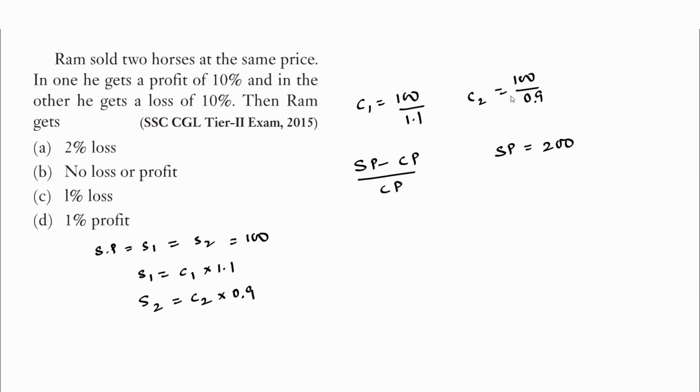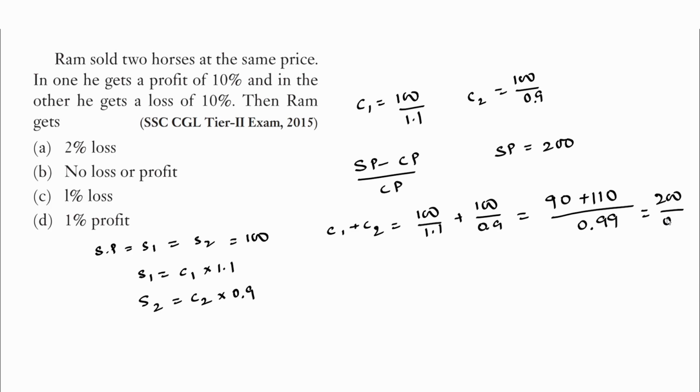For the cost price, we have C1 plus C2, that is 100 by 1.1 plus 100 by 0.9, which equals 0.9 times 100, that is 90, plus 100 times 1.1, that is 110, divided by 1.1 times 0.9, that is 0.99, which is 200 by 0.99.